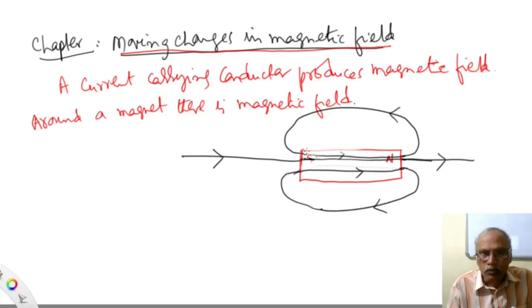Also, this magnetic field is denoted by the letter B. This is a magnet.